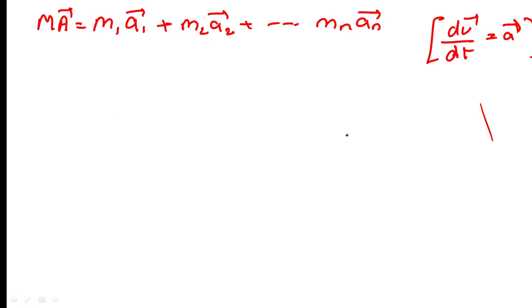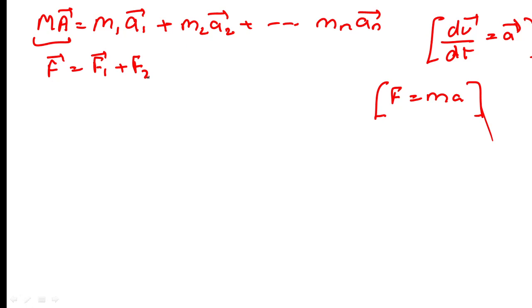We know that Newton's second law of motion is F equals mass into acceleration. So M A can be written as F, m1 a1 as force 1, m2 a2 as force 2, up to mn an as force n.